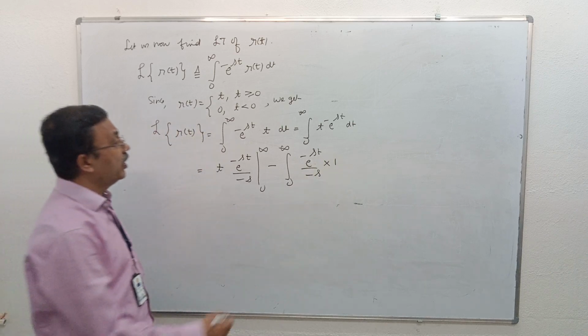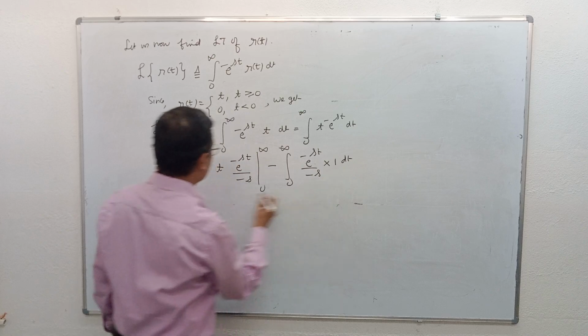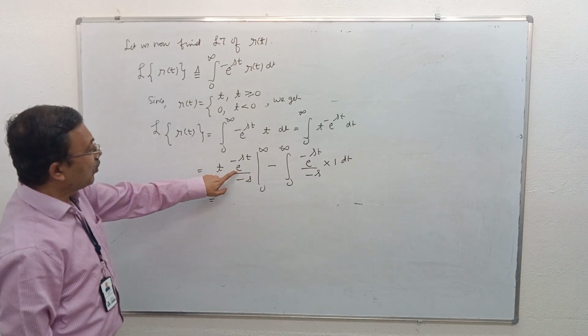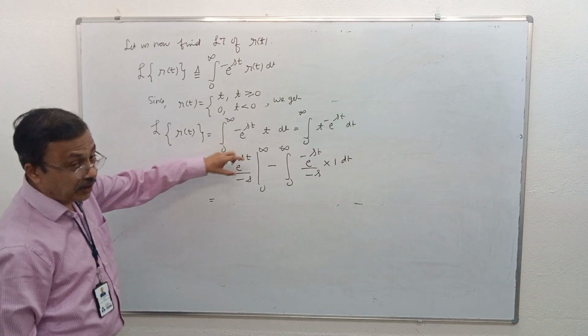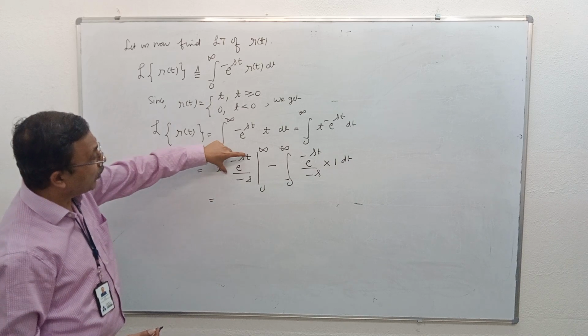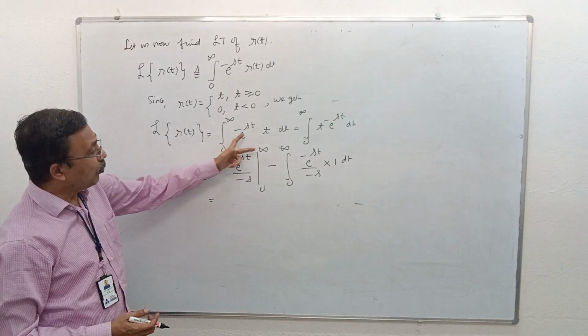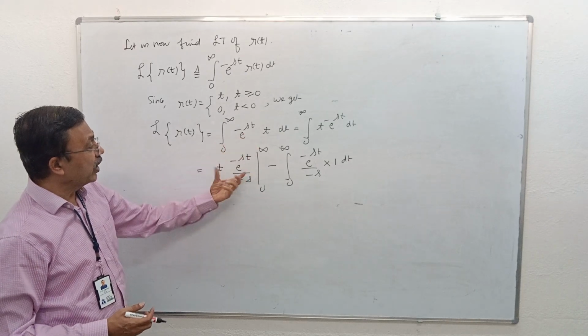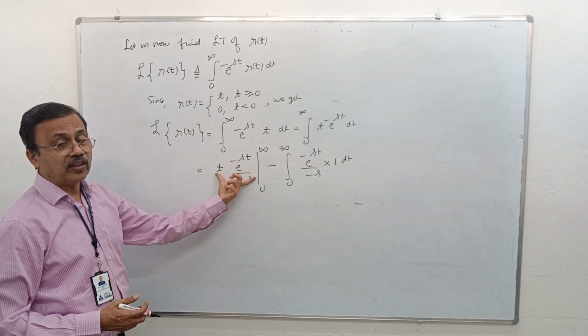Differential of t is 1 dt. So in the first part, if you put t equal to infinity, e to the power minus infinity is 0. In the second part, if you put t equal to 0, again this function becomes 0.